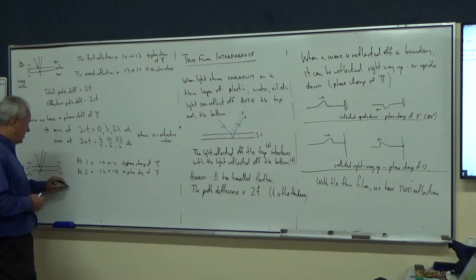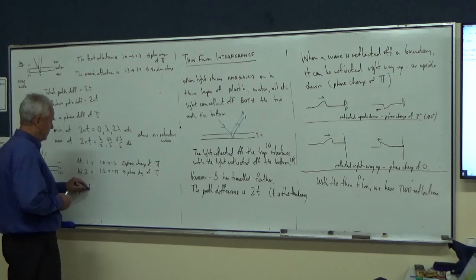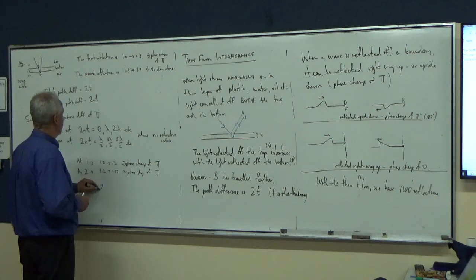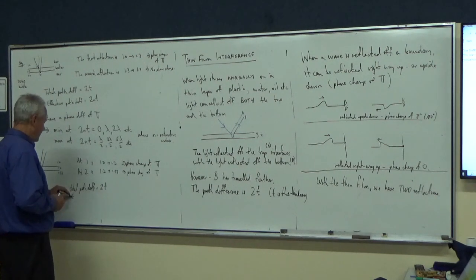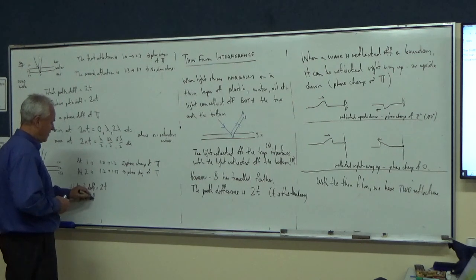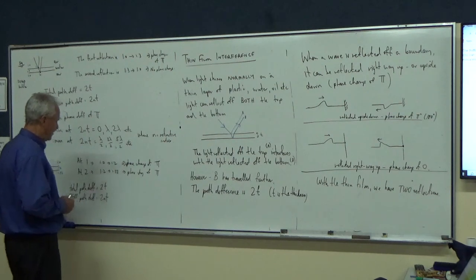path difference equals 2t effective, path difference equals 2nt.